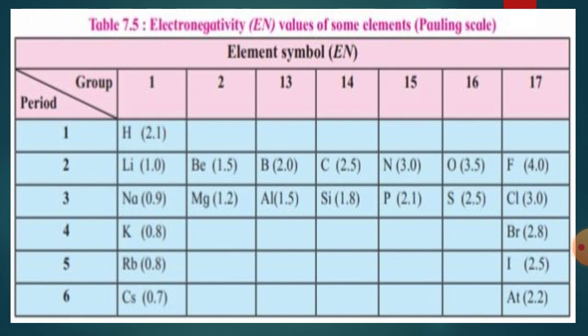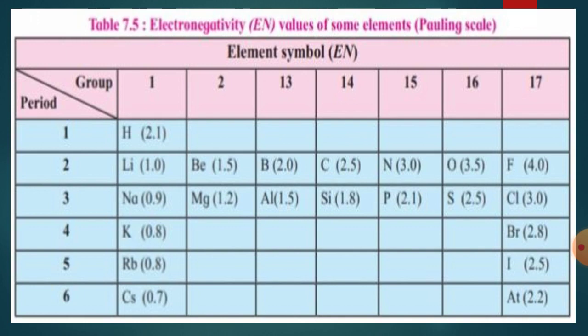While down the group, you see in group 1 for hydrogen, lithium, sodium, and so on, the electronegativity value is 2.1, 1.0, 0.9, 0.8, and so on. So your electronegativity is decreasing down the group. Why? Because the valence shell is increasing, effective nuclear charge is decreasing, your screening effect is increasing, so electronegativity is decreasing.